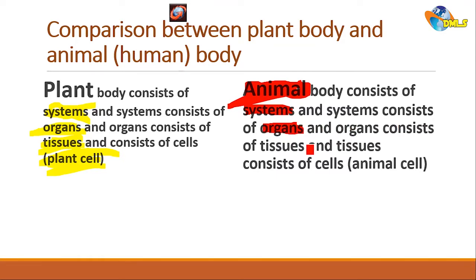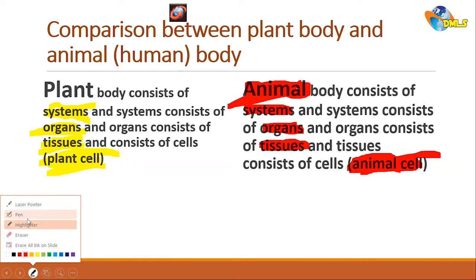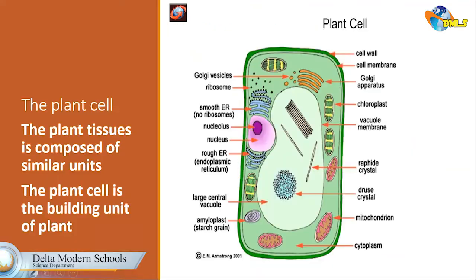So the building unit of the animal body is the animal cell, but the building unit of the plant body is the plant cell. Exactly. Thank you.